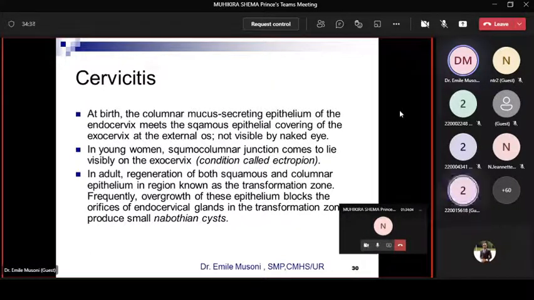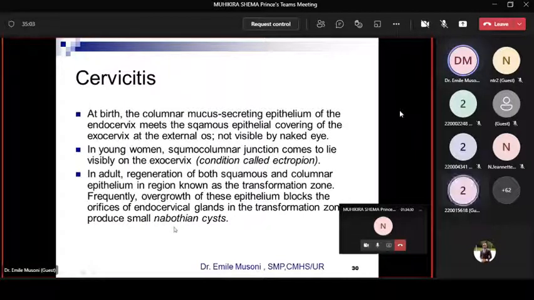As with the vulva and the vagina, the cervix also has inflammation. This inflammation is called cervicitis. This is the most common, and this one is painful for females, and it is caused by some infection. And there is also what we call Boson cyst.